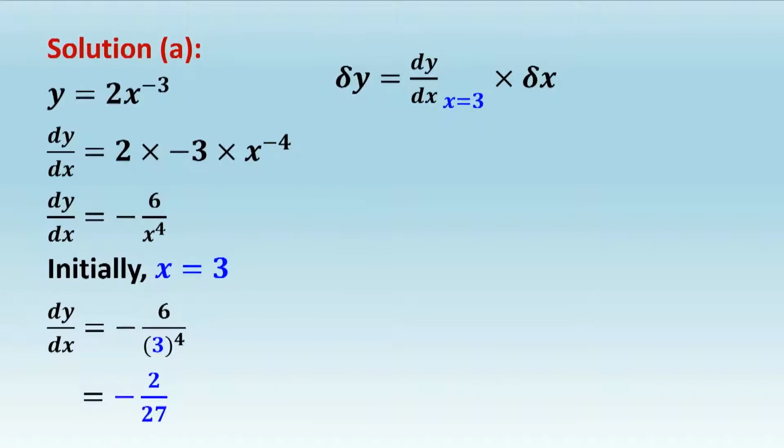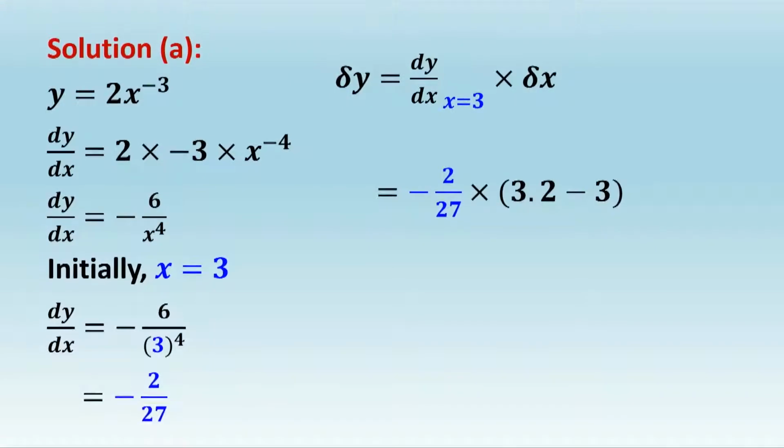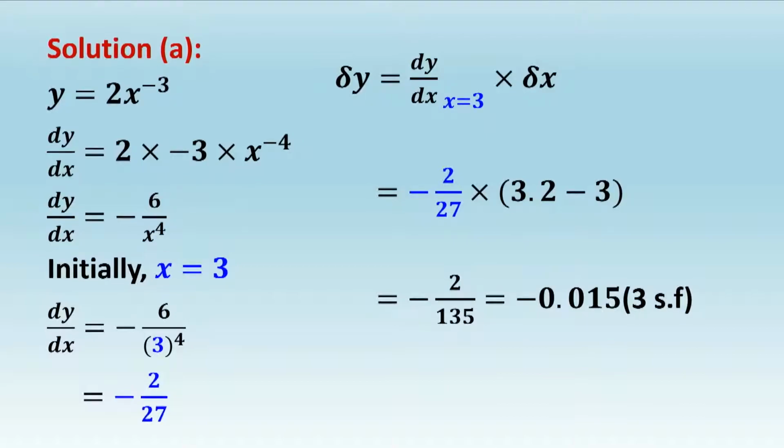Substituting the values, we get −2 over 27 × (3.2 − 3). Evaluating this, we get −2 over 135, which is equal to −0.015 rounded off to 3 SF.